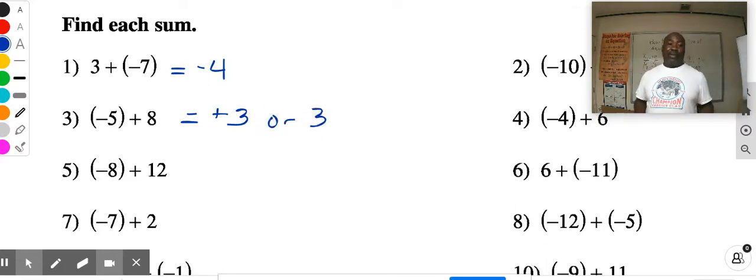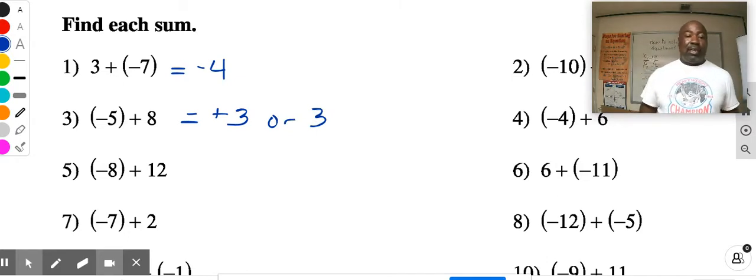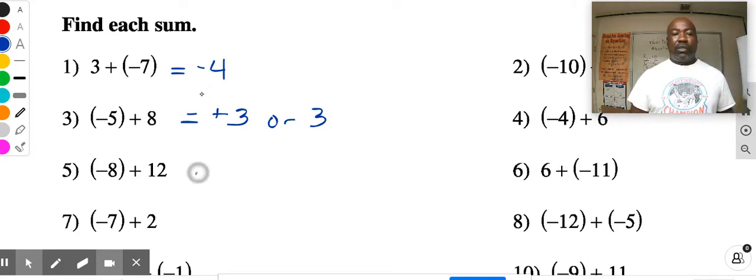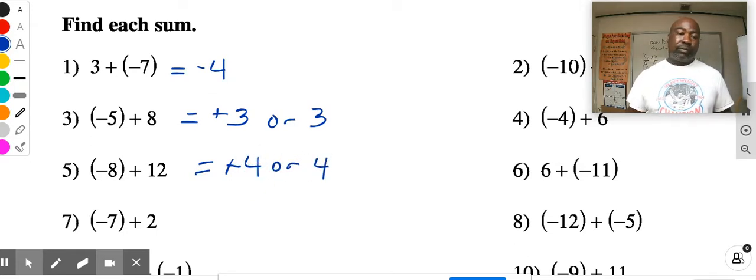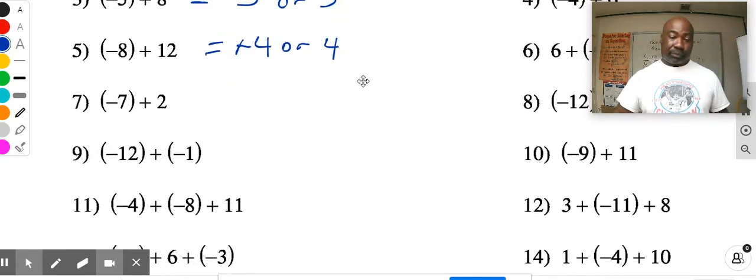Now, for number 5, we're going to take the sign of the larger number. Since we have a subtraction here, we're going to subtract 8 from 12. So this is just positive 4, or just 4. Easy peasy.